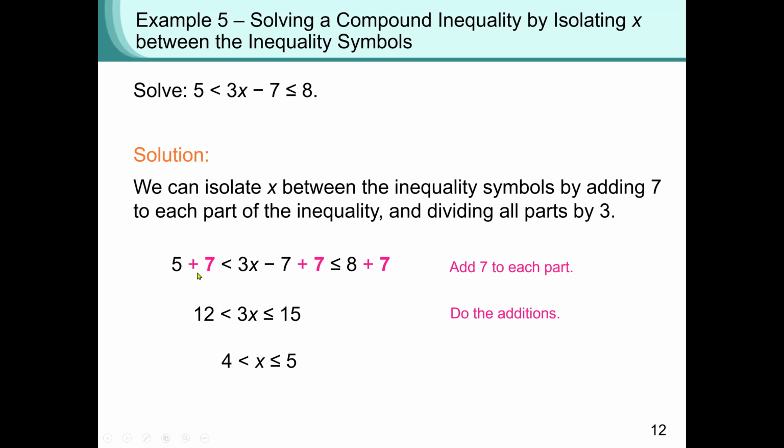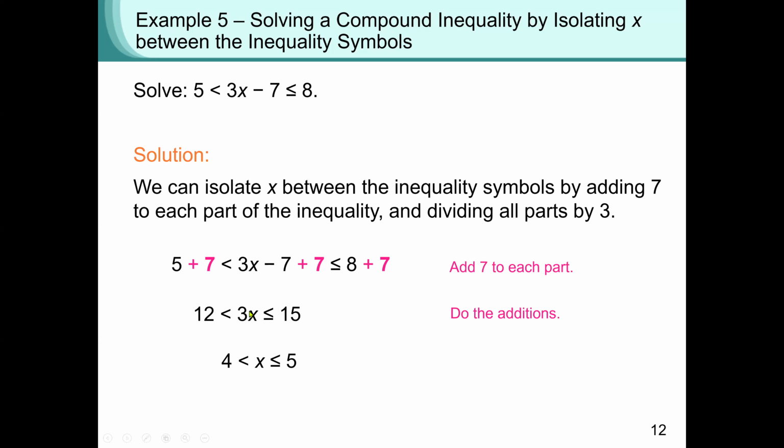So here we get 5 + 7 < 3x - 7 + 7 ≤ 8 + 7. So 3x - 7 + 7 gives us 3x. 8 + 7 gives us 15. 5 + 7 gives us 12.